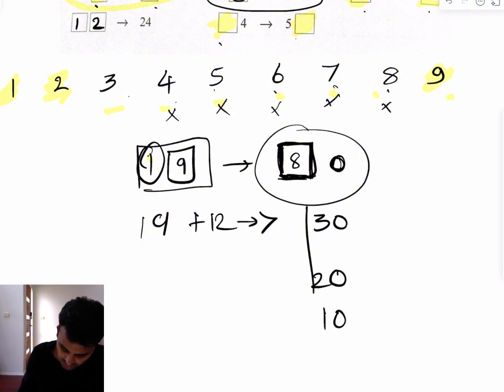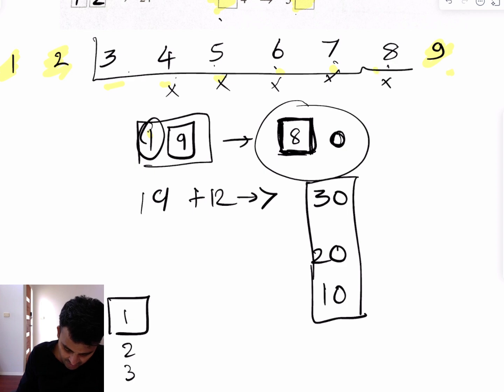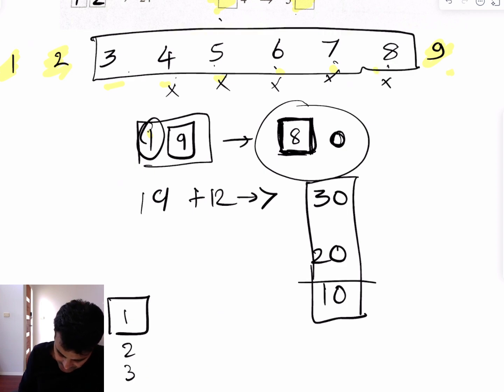So it can be no more than 30. Because it starts with 1, it's a 2-digit number, which means it can be 11, 12, 13, and so on, based upon whatever numbers we have remaining over here. Which means 10 is out of the option, because 10 is actually smaller than 11. So 11 plus 12 cannot be 10.